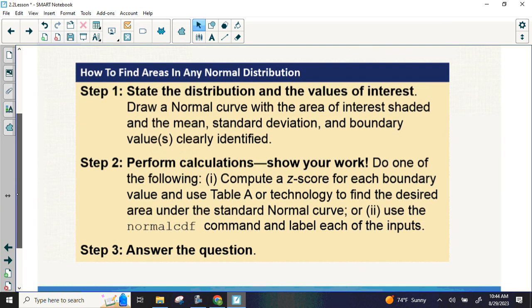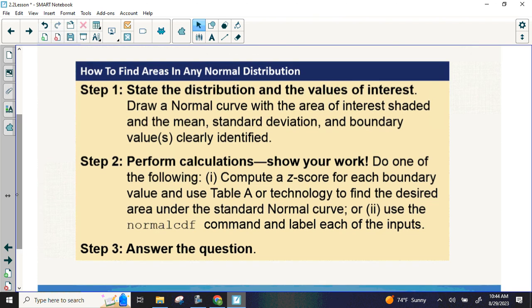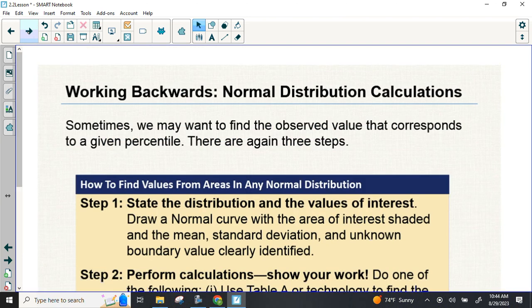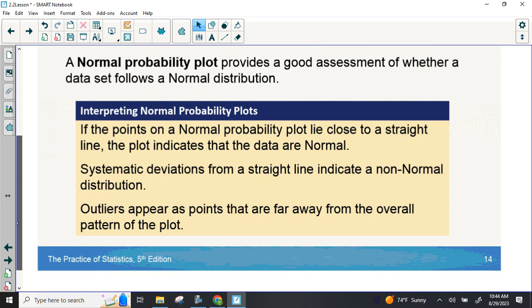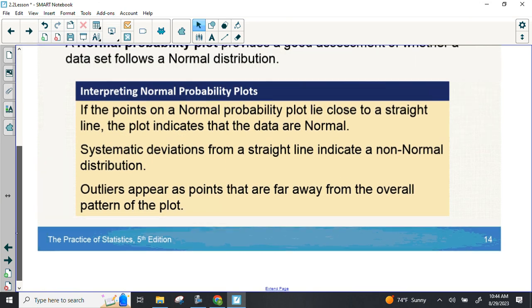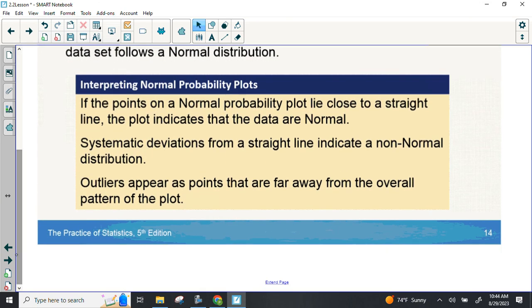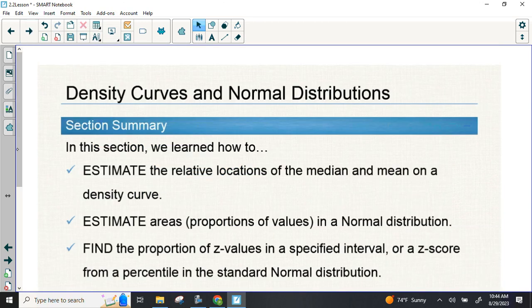If you wanted to know what's going on, that's fine, but I'm going to give you a much more succinct way to do that through an example. Normal probability plot. We'll get into this.